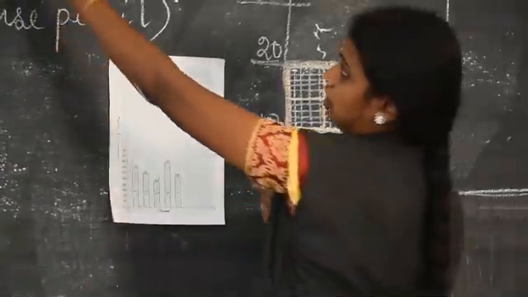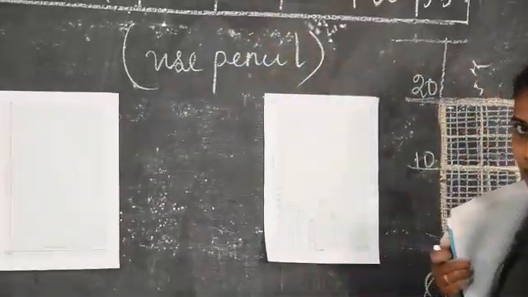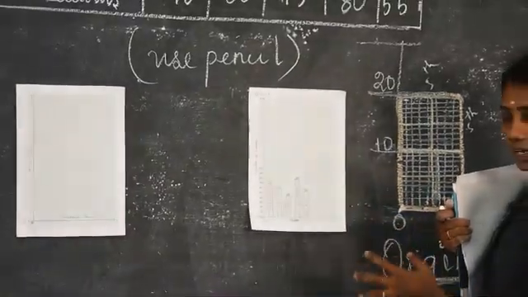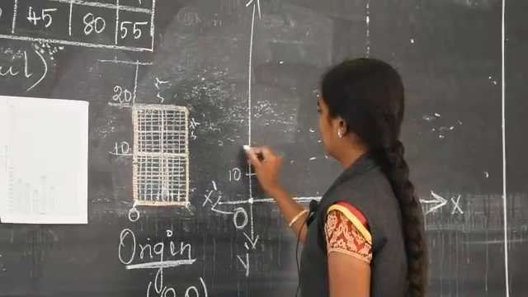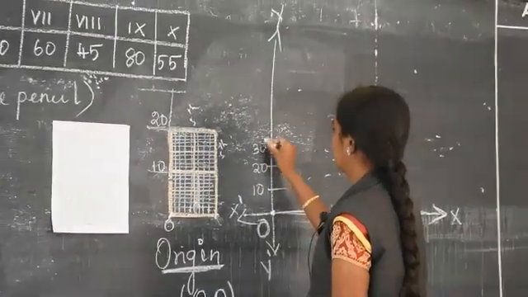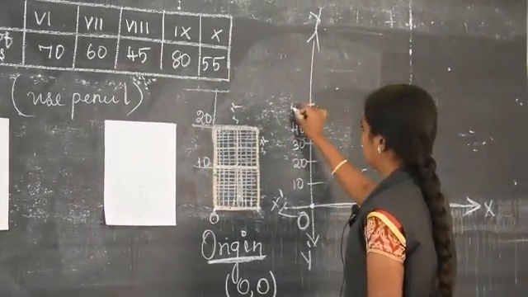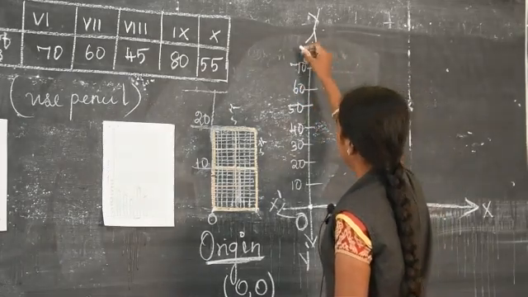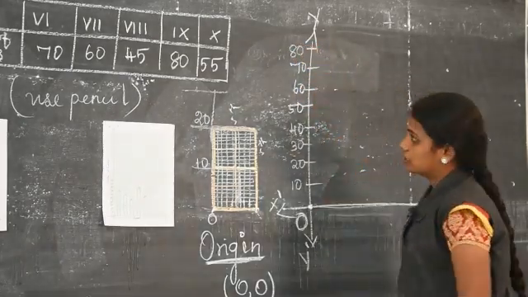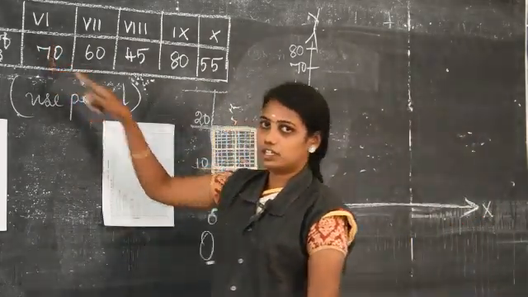Next. Class 6, 70. Okay, we are going to draw the bar graph. Listen, here also I will write 10, 20, 30, 40, 50, 60, 70, 80.